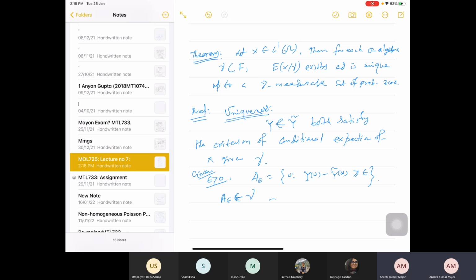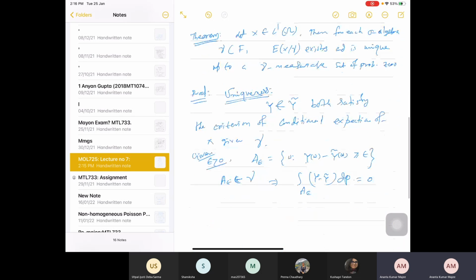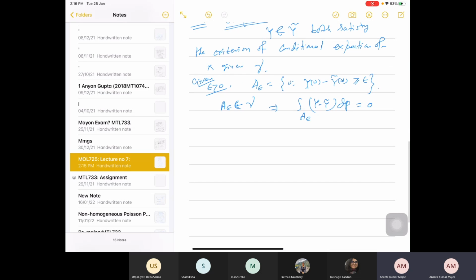Since A epsilon is in nu, I can use the definition of conditional expectation. This implies that the integral over A epsilon of y minus y tilde dP is 0, because the integral of x dP over A is equal to the integral over A of y dP, and this is the same as the integral over A of y tilde dP, since there exist two.